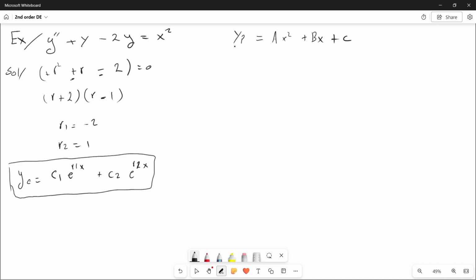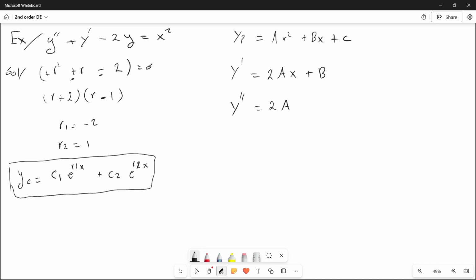Now we must differentiate yp twice to give us y dash and y double dash. Therefore, y dash would give us 2ax plus b, and y double dash would give us 2a.